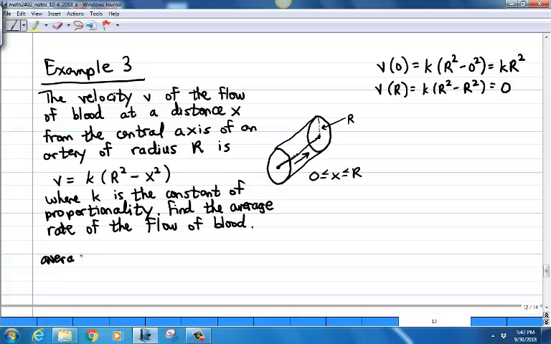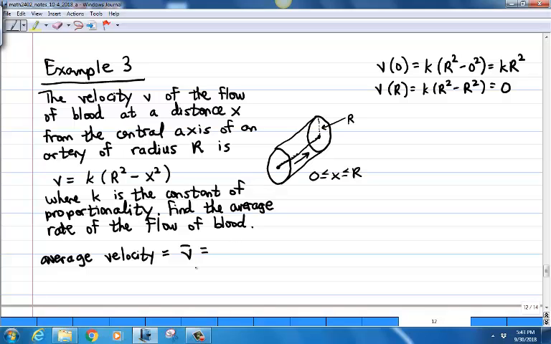So again, we're trying to compute the average velocity, and let's denote that by v bar, since we're using the variable v to represent velocity, and that average velocity is simply going to be the average value of this velocity function over the interval from 0 to capital R, because x has to fall between 0 and capital R. So our interval that we're calculating the average velocity over will be from 0 to capital R.